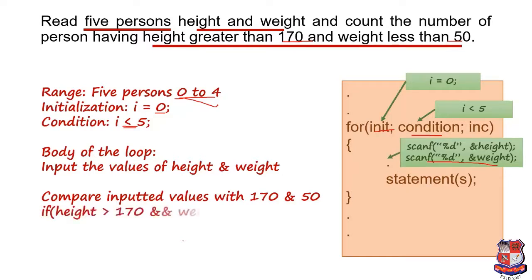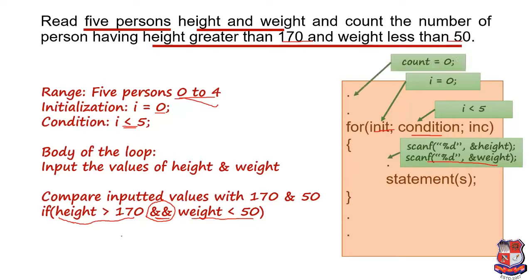For that we have to use an if statement. Inside this if statement we have to write height greater than 170 and weight less than 50. If we want to write both conditions in a single if statement, we have to use an operator, and this is the logical AND operator.